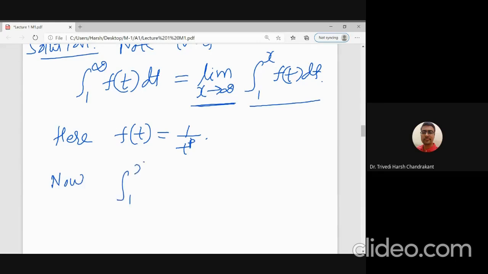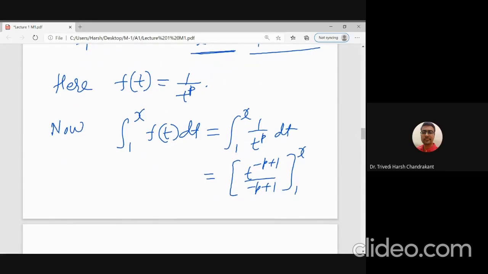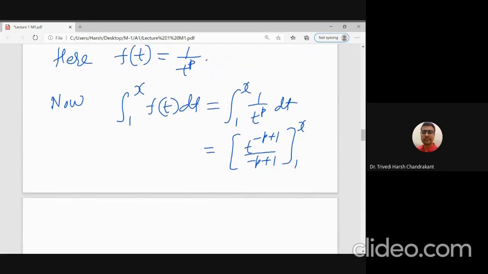So the integral from 1 to x of f(t) dt is the integral from 1 to x of 1 upon t power p dt, right? And we know that 1 upon t power p is t raised to minus p, so its integral is t raised to minus p plus 1 upon minus p plus 1, with limits 1 to x. So this depends on the value of p. There are two cases: either p is equal to 1 or p is not equal to 1.